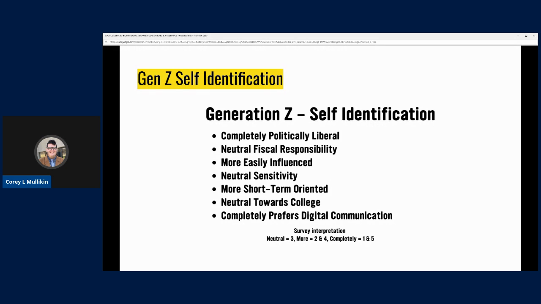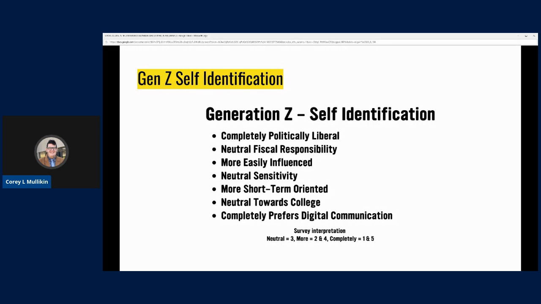This is where the majority of responses from the survey fell. We did have some that said, oh, it's more likely to be left, or I'm more politically neutral. We did not have anyone say completely conservative. That was one key aspect: of the 208, no Gen Z respondent said I am completely conservative.